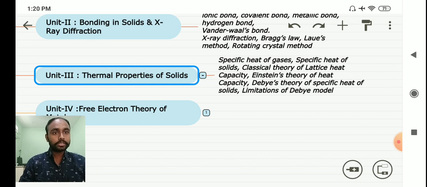Now the first article in this unit is specific heat of gases. Now you might have the question, sir, you told initially there is nothing about gases and liquids in this particular paper, but yes, the first article itself is the specific heat of gases. But why is it? Because we are taking the analogy of the specific heat concept from gases to solids.